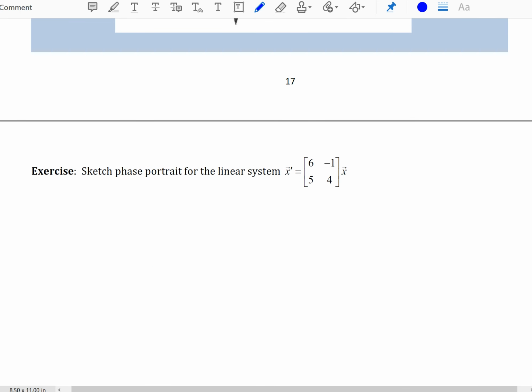So to start with, let's rewrite this matrix equation back as a system of equations. If we let our vector x be a vector with two components, x and y, then here we're going to have the derivative of (x, y), and this will be the same as your matrix times our vector (x, y).